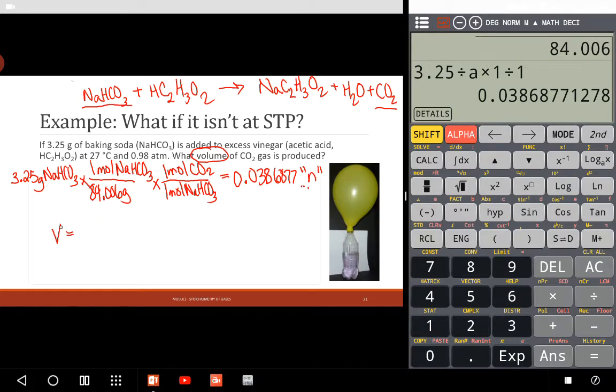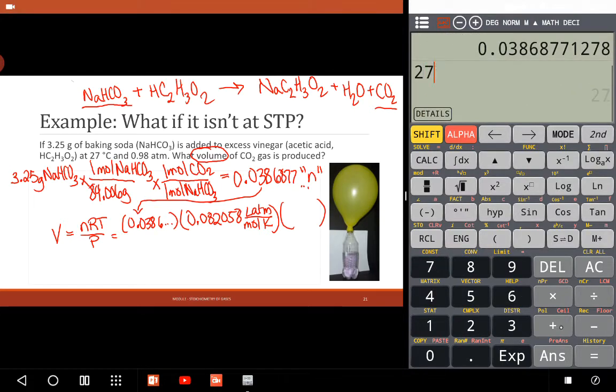Solving for V, PV equals nRT, I'll end up with nRT over P. This is my n value, so that is 0.03868, and so on. My pressure is in atmospheres, so I'm going to use this liter atmospheres per mole Kelvin value for R. My temperature needs to be in Kelvin, so 27 plus 273.15 is 300.15.